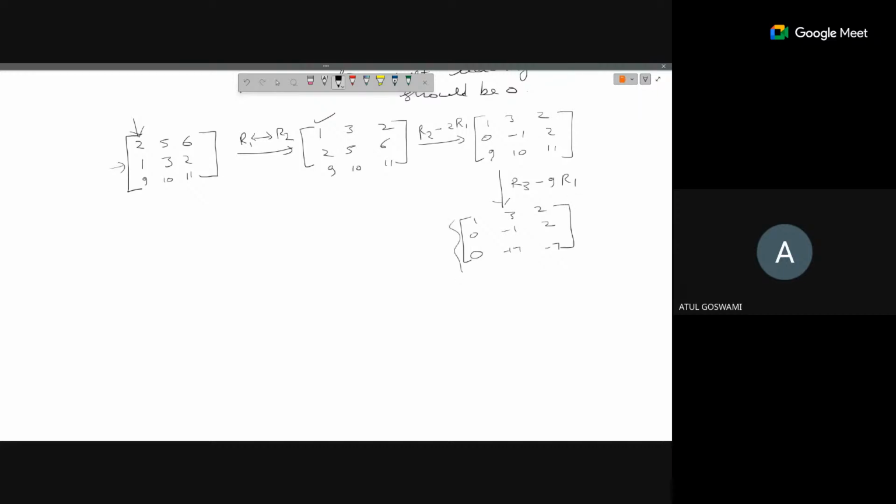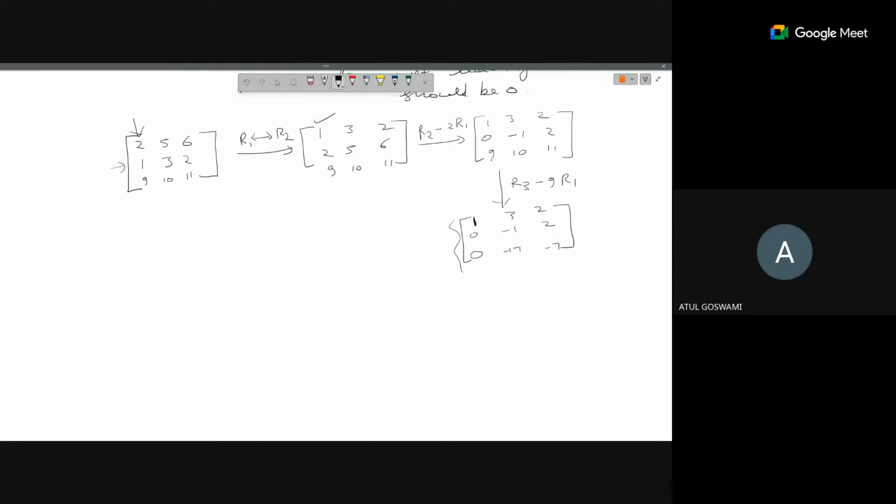Now you can see this is the leading entry, and below that every entry is 0, right? Yes, sir. So in the first column we have got the row echelon form. No, no, there is no concept of just the first column. Row echelon form is for the entire matrix. Yes, sir, the first step is done basically.